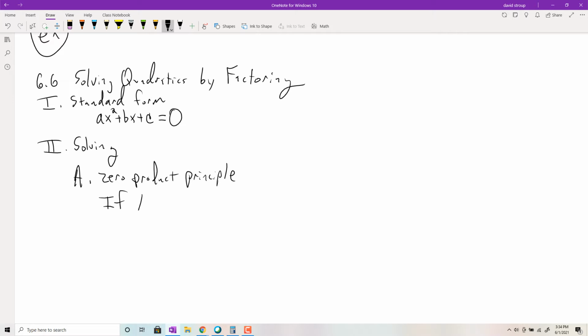But anyways, if you have a times b equaling 0, then guess what? Either a is equal to 0 or b is equal to 0. It's kind of a simple idea, I guess.